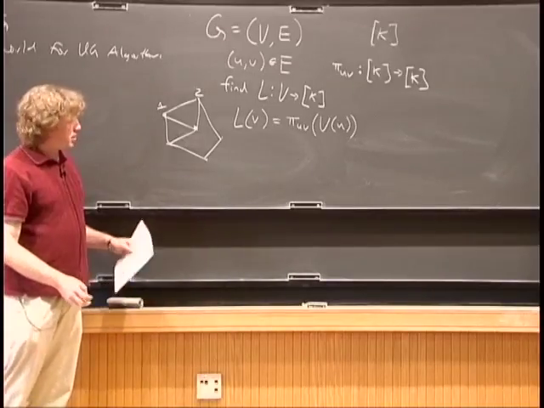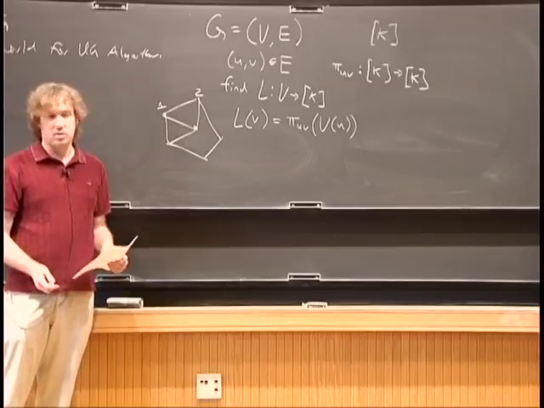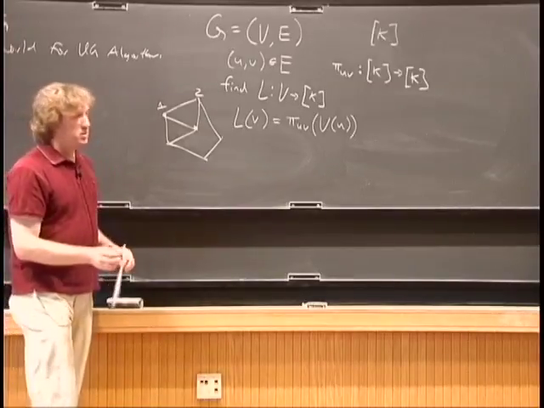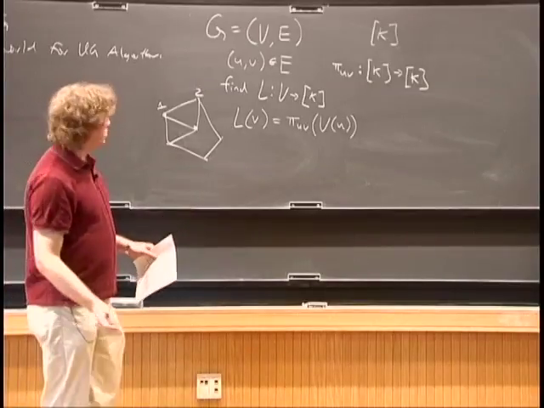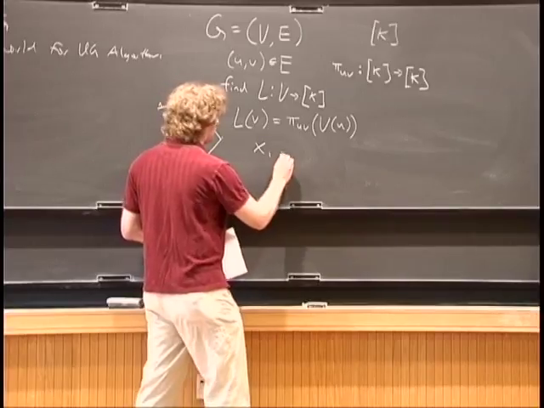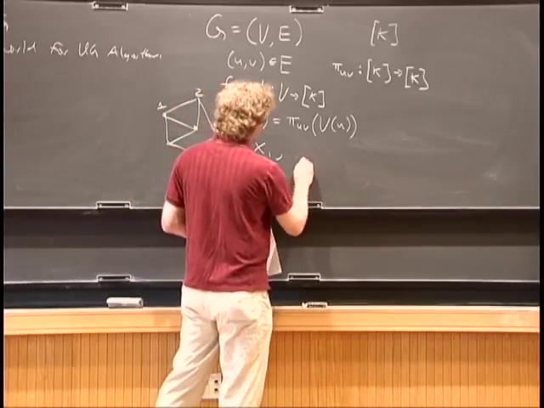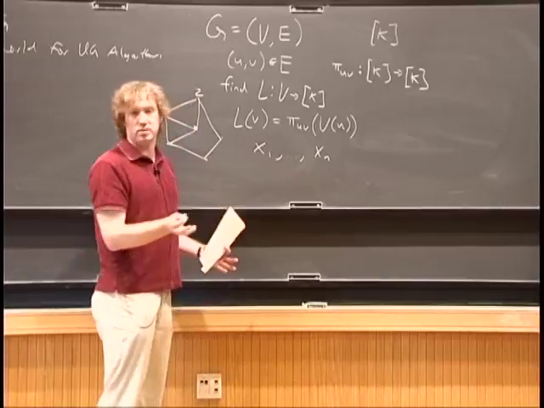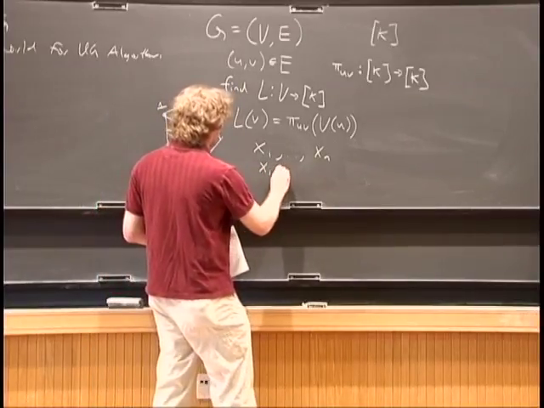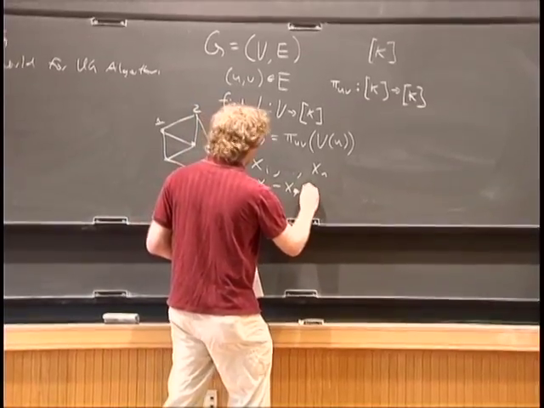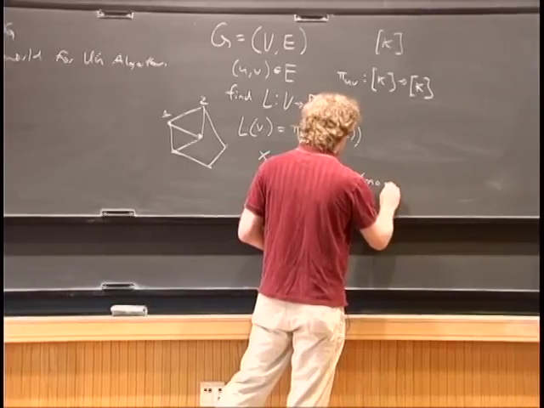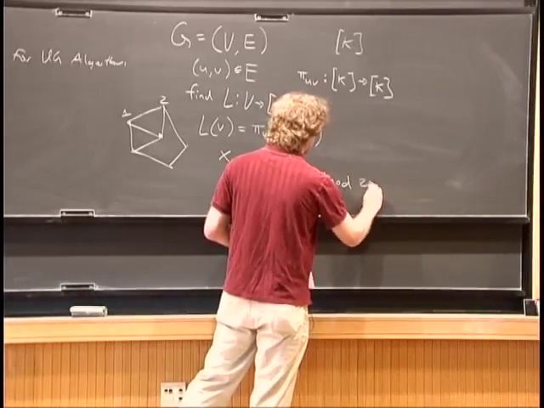Another example of a unique game is a system of linear equations in 2 variables over some finite group. So you'll have your variables x1 through xn, like the vertices of your graph. And then you'll have some constraints, x1 minus x7 equals 3, say mod 20.